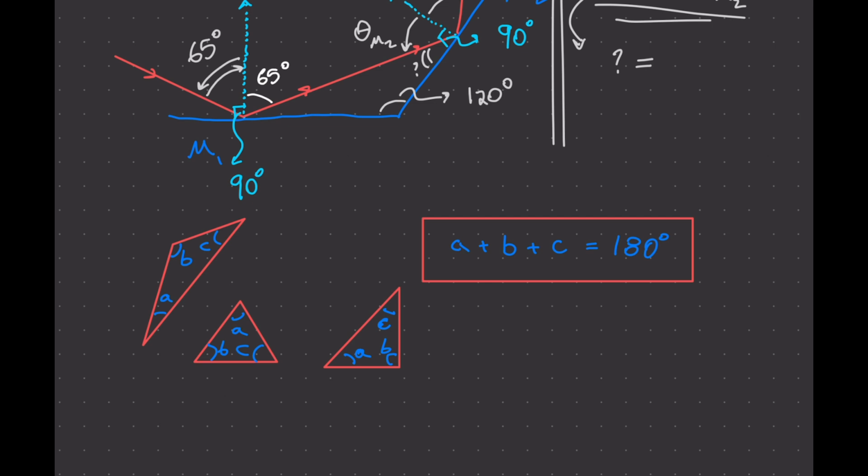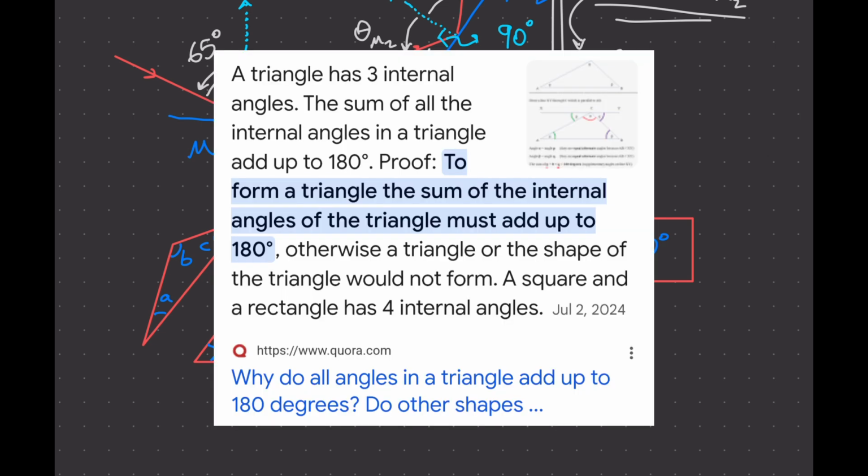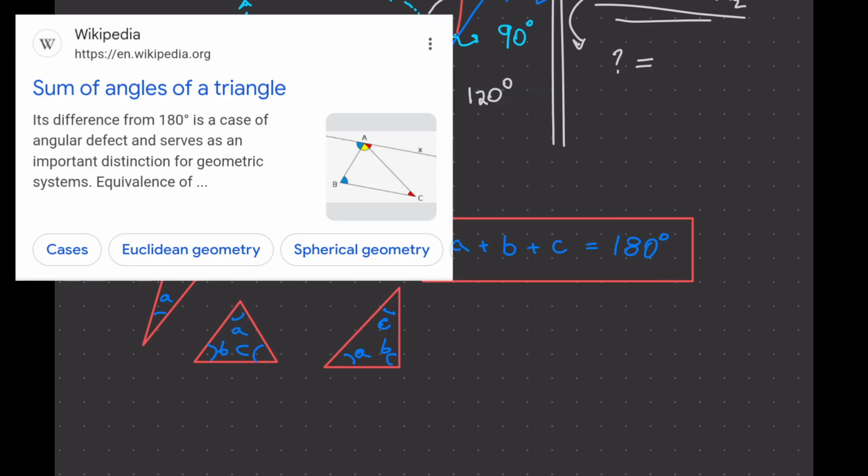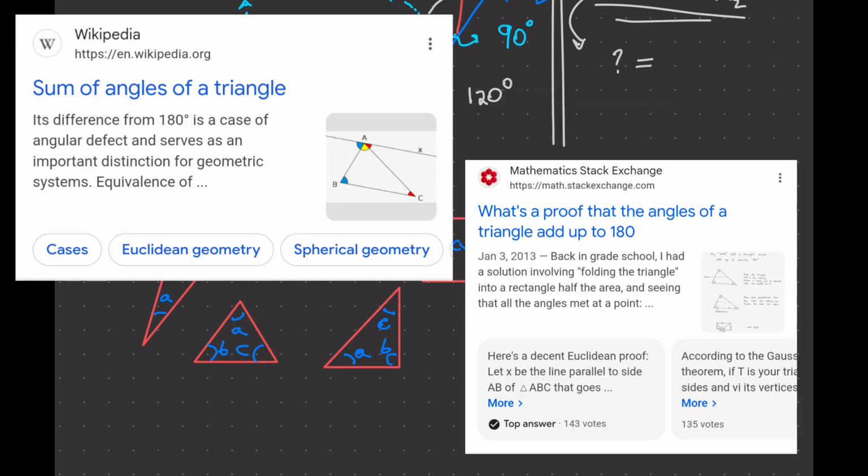That's pretty wild. And it's pretty strange. And if you want to know where this comes from, you can dive into some crazy math. So maybe search up online, why do all the interior angles of a triangle add up to 180 degrees? And you will get into some crazy math, some ancient math.